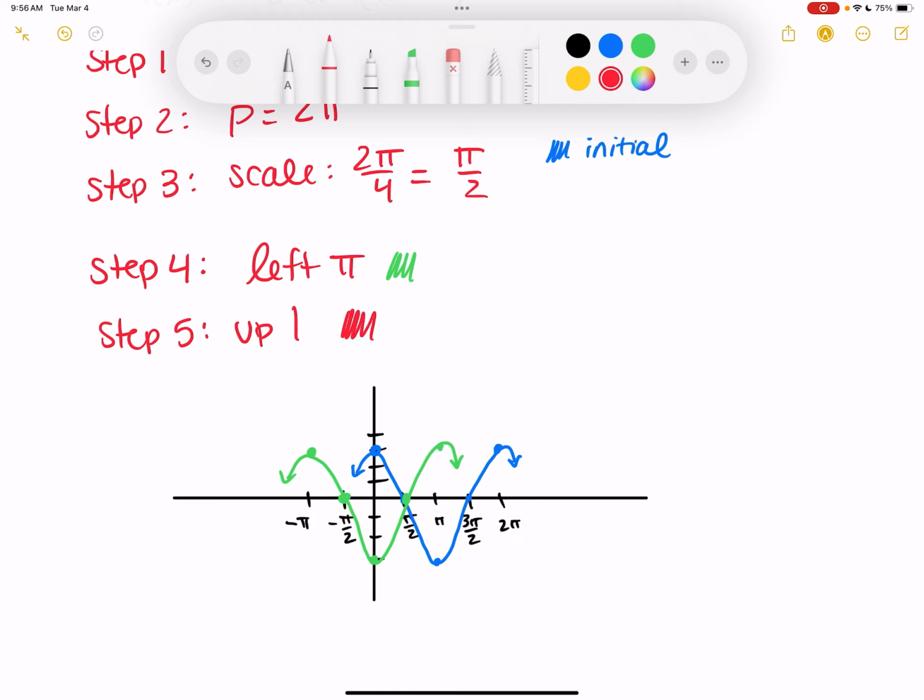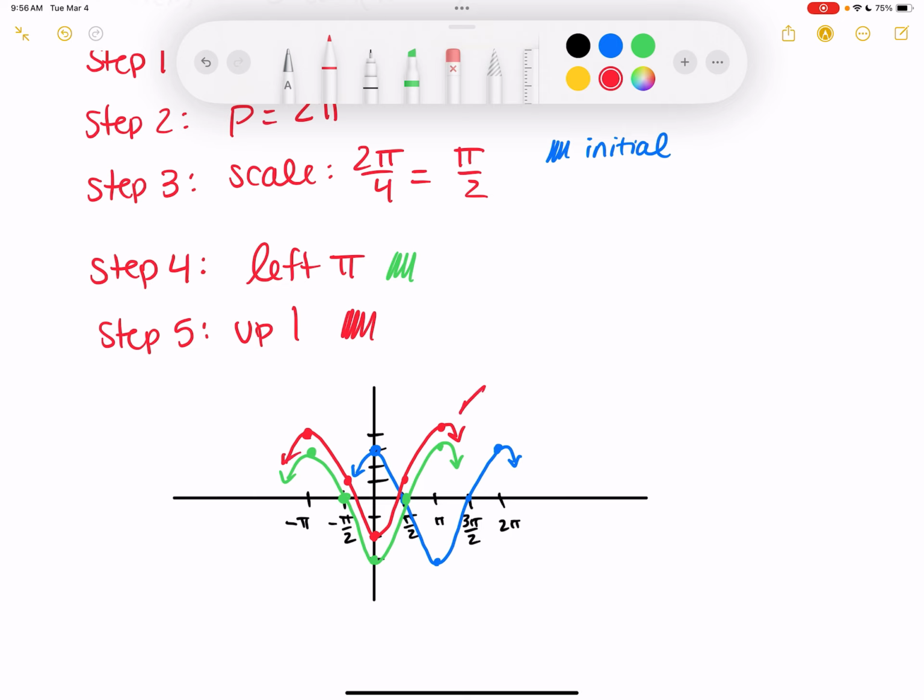So I just take the point and I just take it up 1 spot. So this one going up here, here, here, here, and then connect it. Okay, our final. So my final is the red.